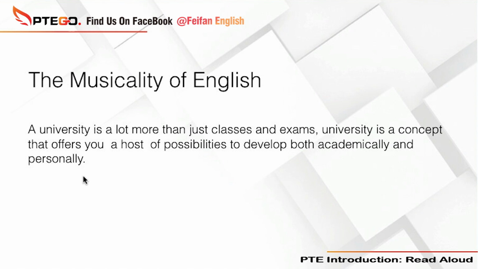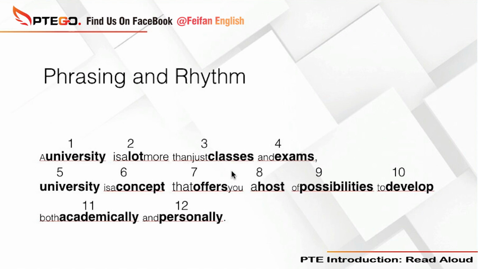The other thing, besides stressing at the right point, is the art of assimilations and deletions. When you phrase and the way you speak, all it takes is to understand that not all the words are to be spaced out equally or stressed equally. For example, the same statement: instead of saying a university, you can simply club a and university together to form a university.